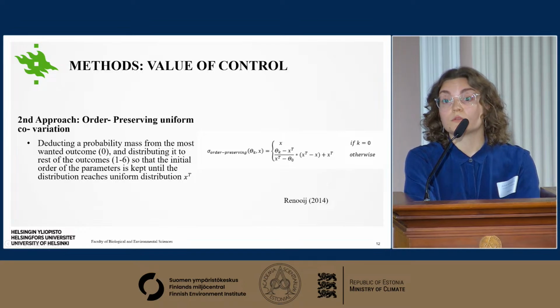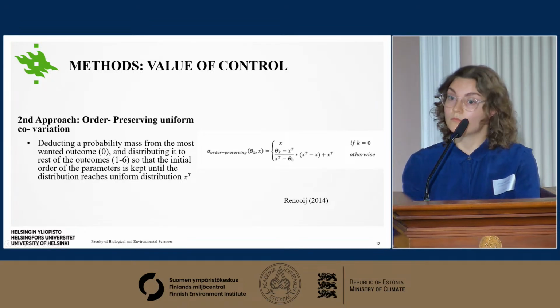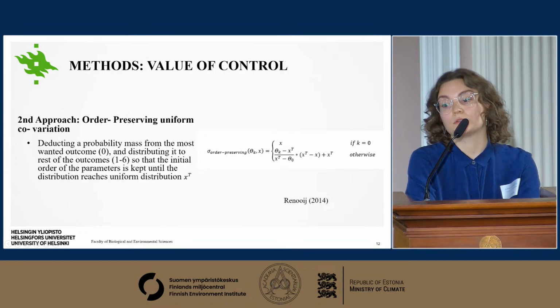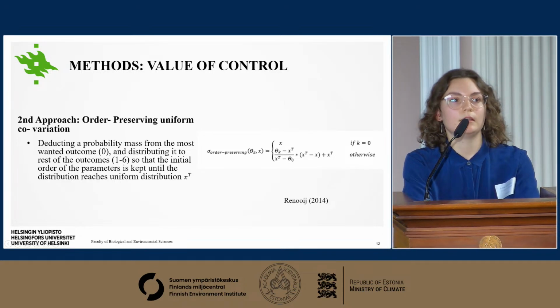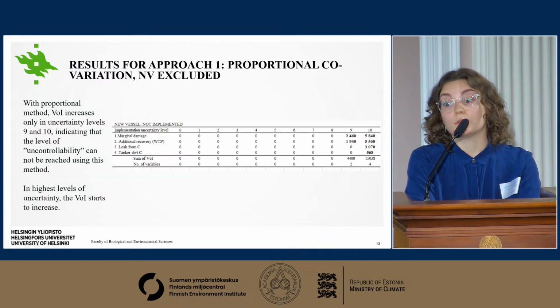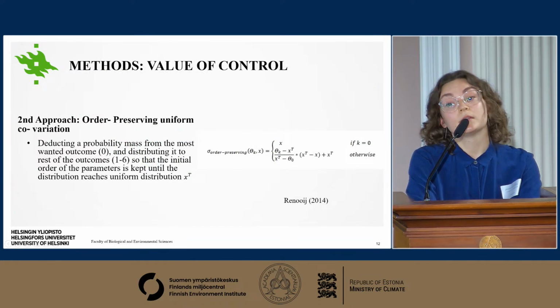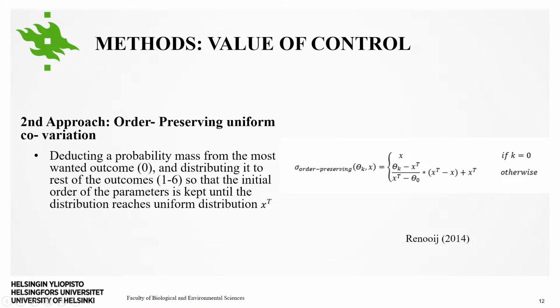And then the second approach, to reach the uniform or no controllability in the probability distribution, I used the uniform covariation method that is order preserving, so that maybe we could better see how this no control affects the need for further information. So then for results, or maybe I explain first. The results are conducted for each level of uncertainty, from 0 to 10, 0 being no added uncertainty, and 10 being the maximum uncertainty.